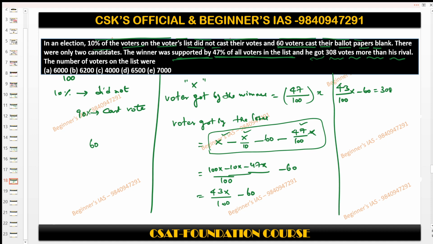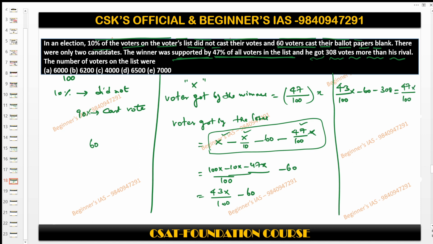We have to subtract, because the winner got 300 votes more than his rival. So the rival got 300 votes less, isn't it? Yes, we need to subtract, which is equal to the number of votes got by this person.